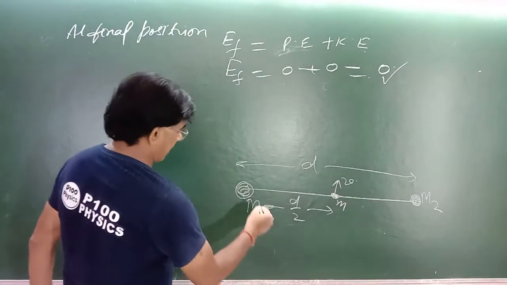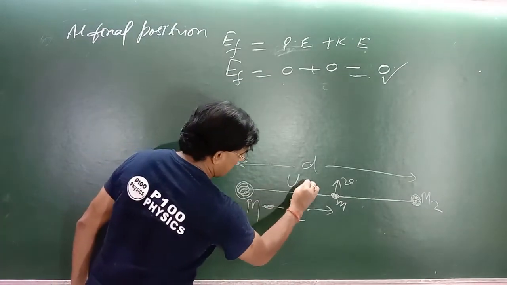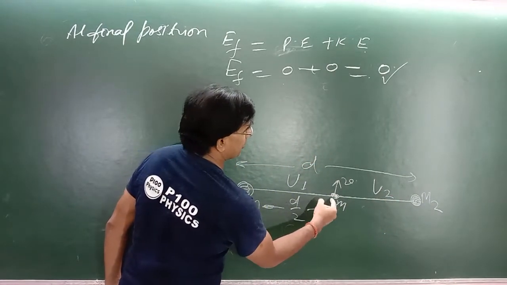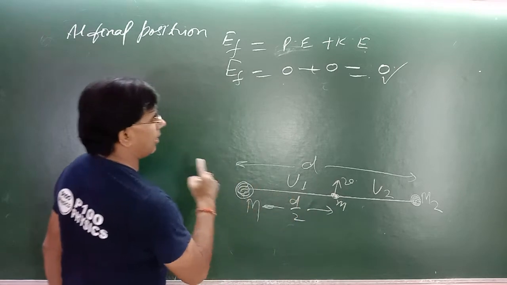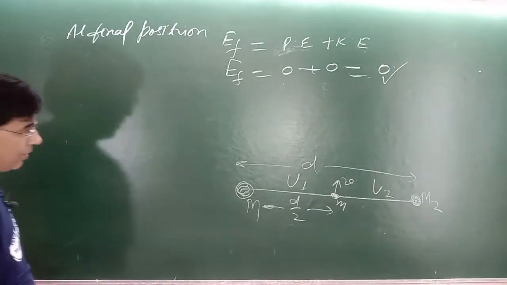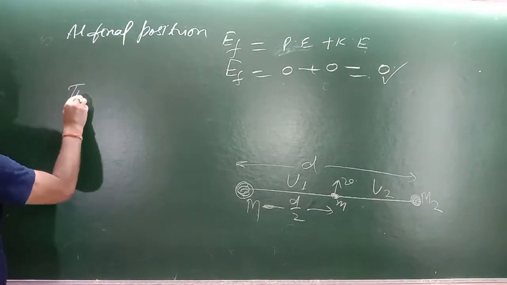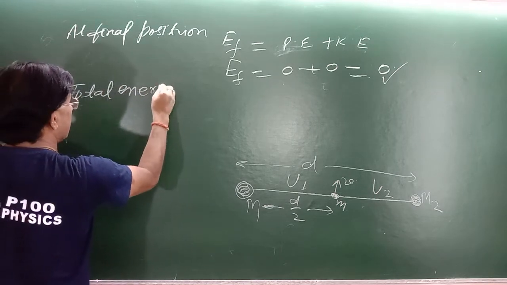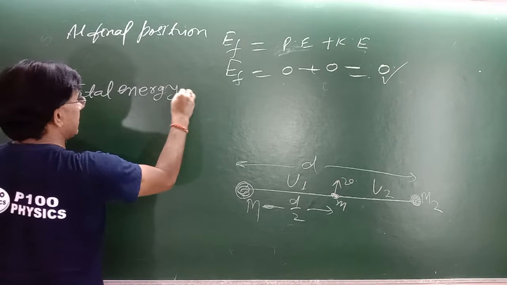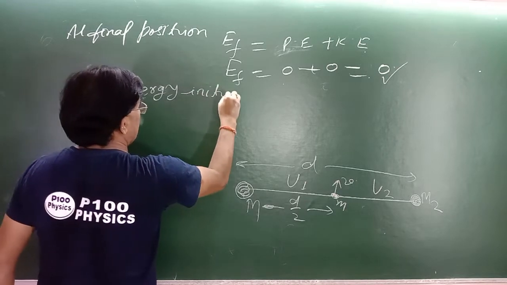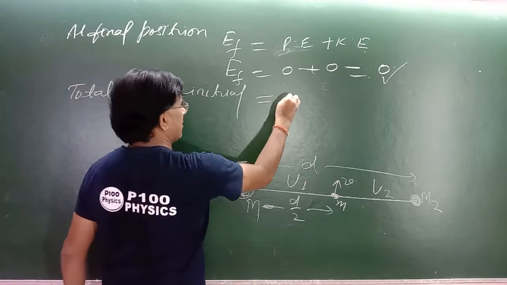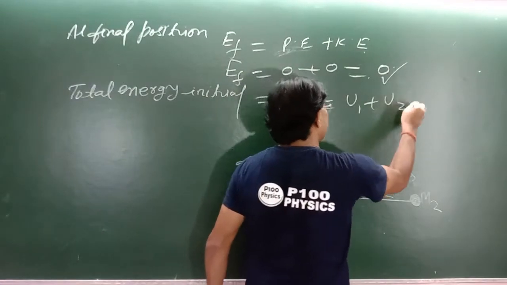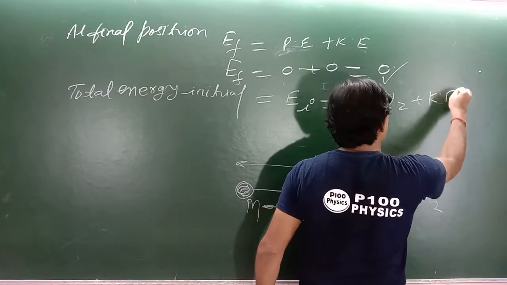initial? Here will be U1, here will be U2, and the kinetic energy is also given, since this mass has velocity v. So the total initial energy EI will be U1 plus U2 plus kinetic energy.